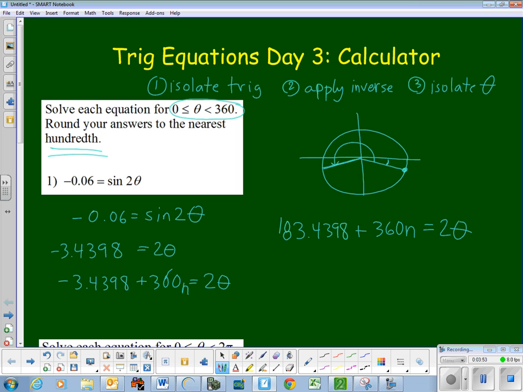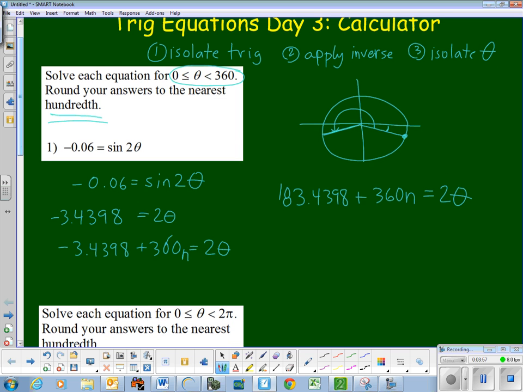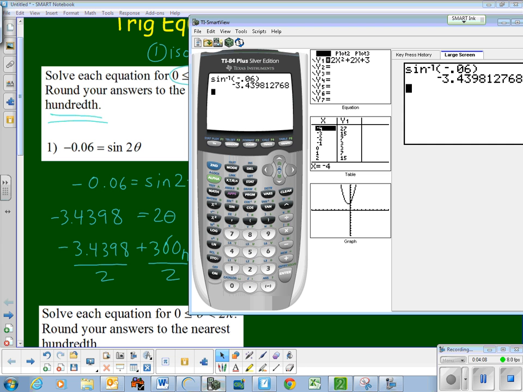Now on this one, the only thing I need to do is divide by 2 and get my answers. So I'm going to divide everything by 2 in both cases. I'm going to take the number I got on my calculator and divide that by 2. That gives me negative 1 point. At this point, I can go to 2 decimal places.